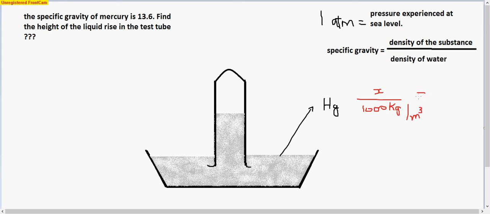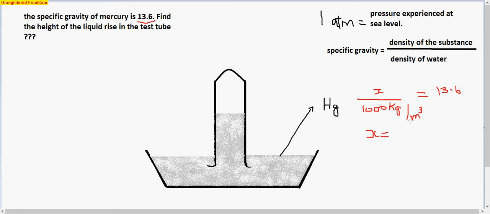Okay, what is the specific gravity of mercury? It's given here as 13.6, right? So this is 13.6. So now we can calculate X, the density of mercury.